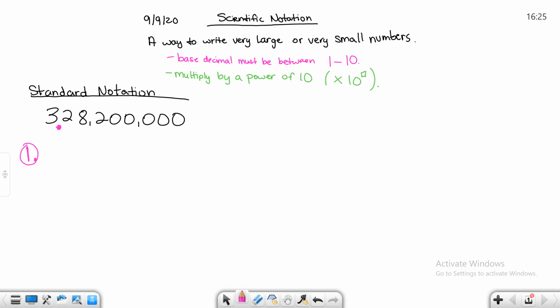So if I were to put my decimal right there, I get 3.282. And I'm not going to write those zeros. So that is my first step.